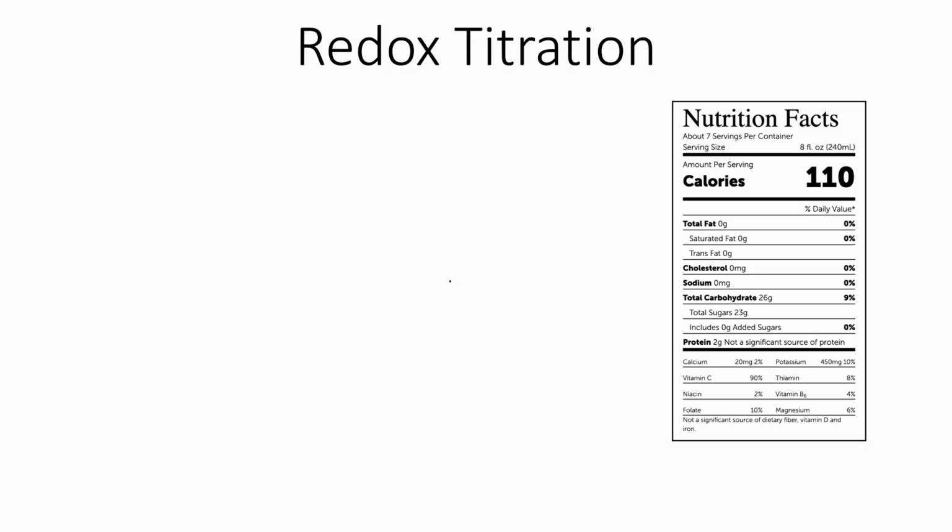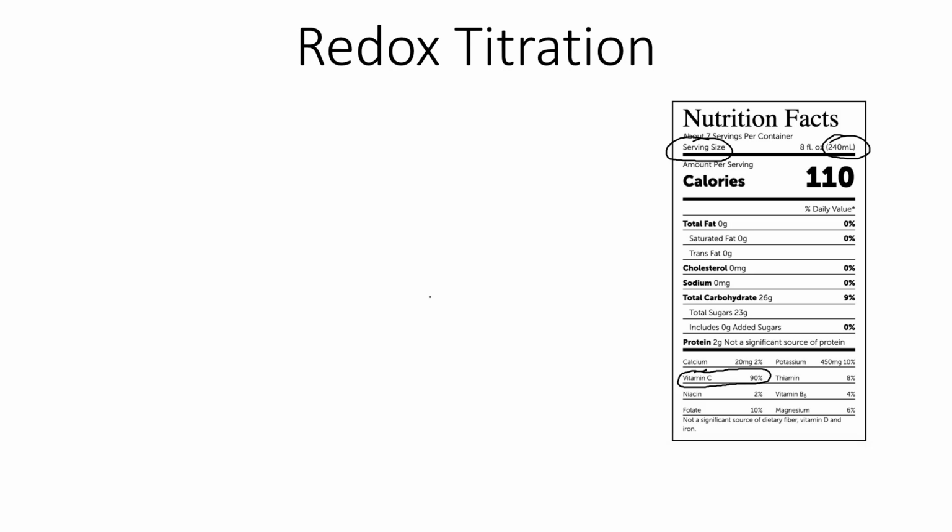So I'm going to go through the calculations, and hopefully you've seen these before. A nutrition facts label has to be on all commercial food products. And you're going to need the serving size in milliliters. And you're going to have to know how much vitamin C is in there. And this is in a percentage.